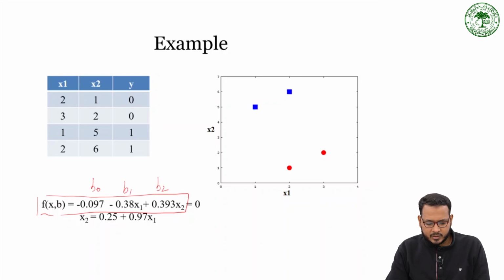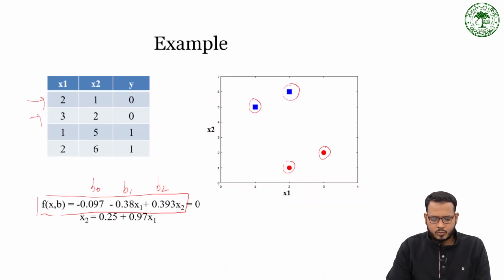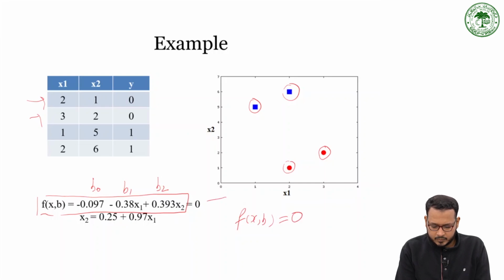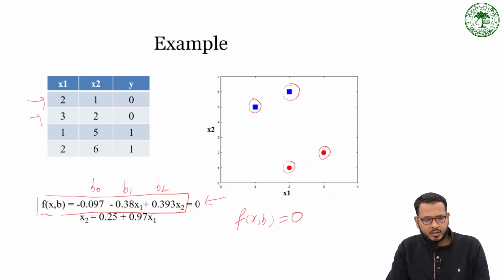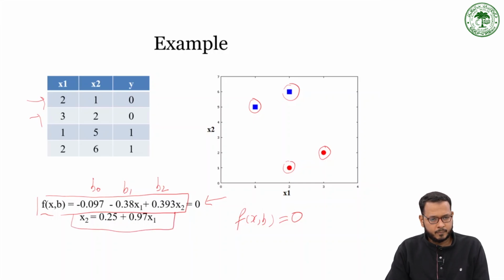Now, if we plot our data, then 2, 1 comes here, 3, 2 is this point, this is 1, 5 and this is 2, 6. If we take our f(x;b) and set it to 0, then we can write x2 in terms of x1.